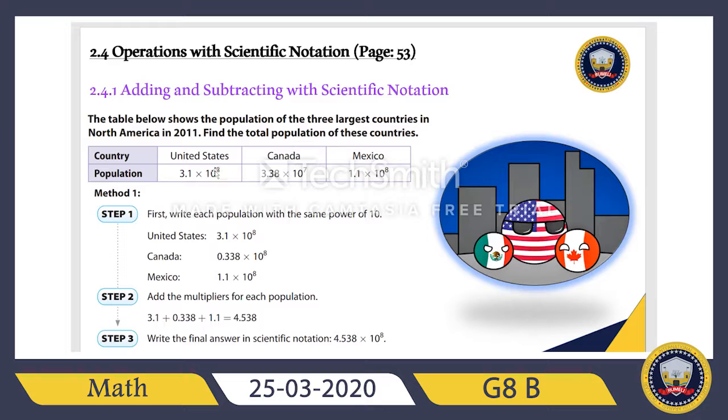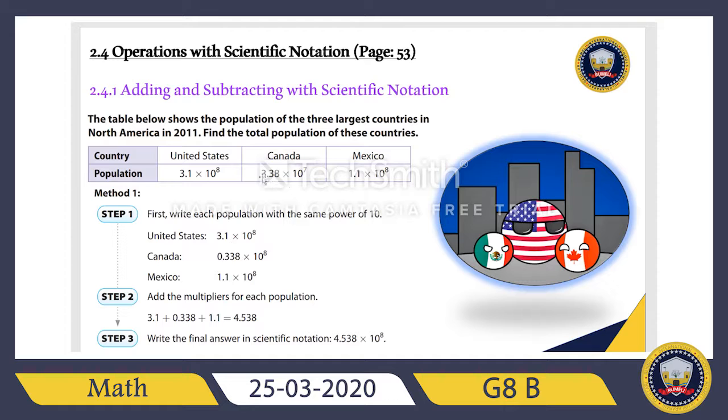For example, I have here 10 to the power of 8, here 10 to the power of 8, and this is 10 to the power of 7. So I'm going to try to manipulate this number and write it as something multiplied by 10 to the power of 8. I have to find a power of 10 that is similar to these.